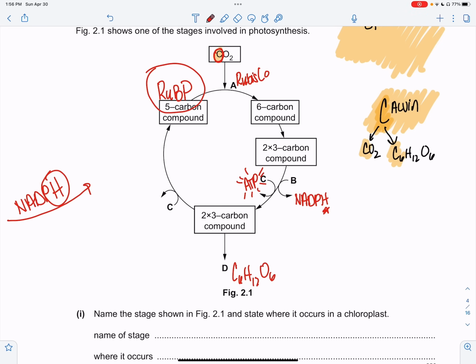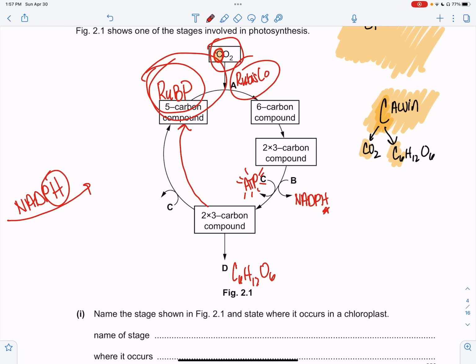And so in order for this to be able to run through again and be able to synthesize more glucose, we need to have this reformed after glucose is made. So after D happens, we need to get ready with our main ingredient again so that when more CO2 does come in, Rubisco is able to combine CO2 and the RUBP to form that 6-carbon sugar. And then we're going to break it down.